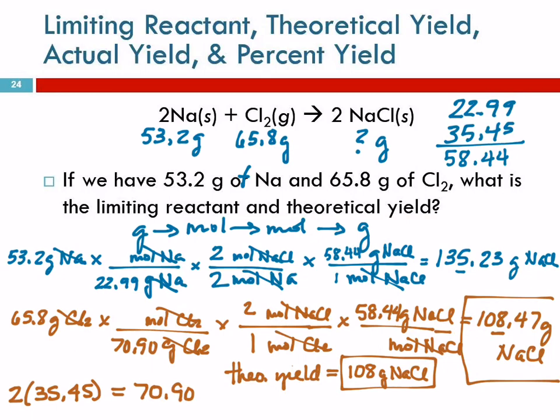And what's the limiting reactant? This is our smallest yield, our theoretical yield. We come backwards and it's the chlorine. Limiting reactant is Cl2.